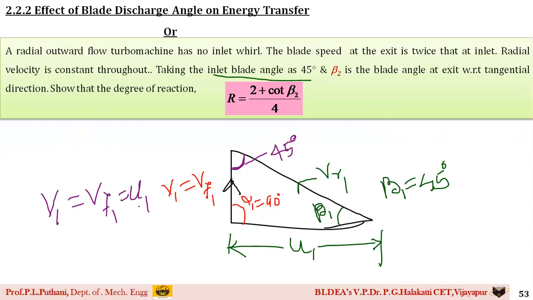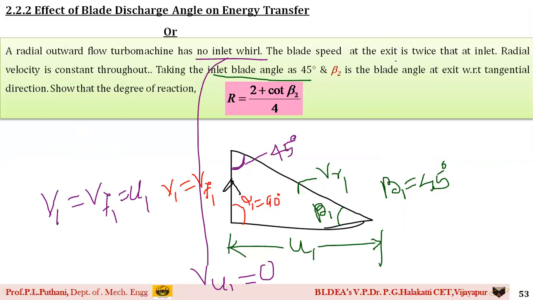Please see this carefully. So these things we have proved. There is no whirl velocity at inlet, which means vu1 is equal to 0.